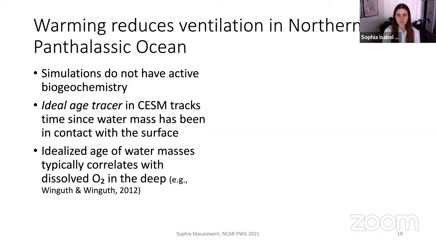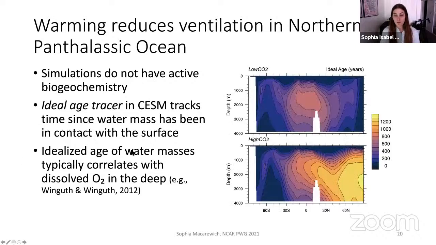But essentially, what we see in these simulations now is that the ventilation and deep water formation occurring in both hemispheres is supported by these ideal ages.